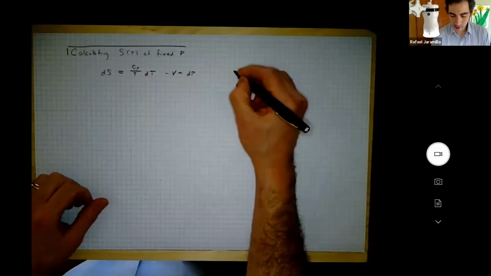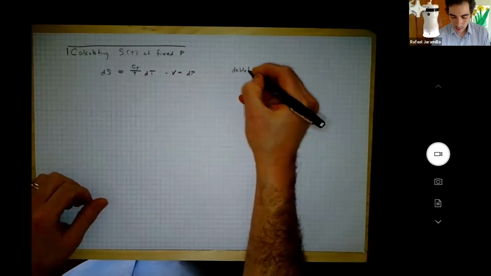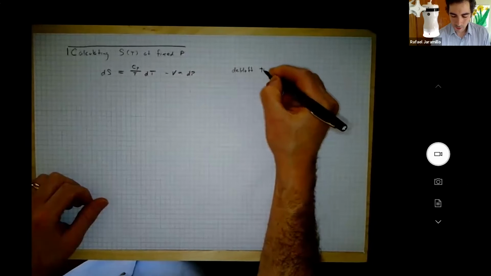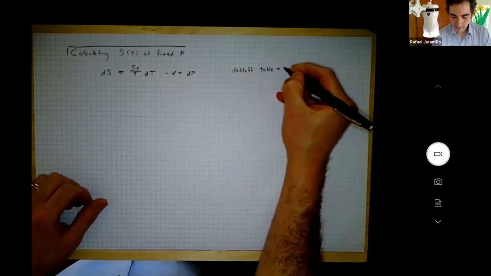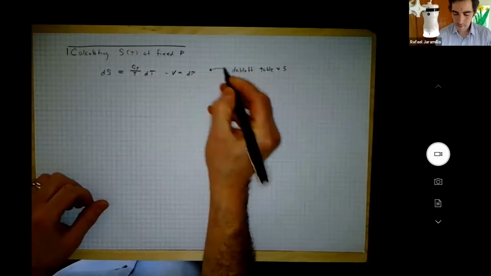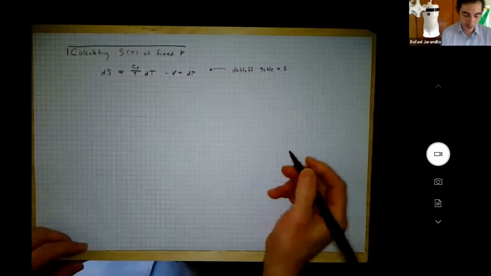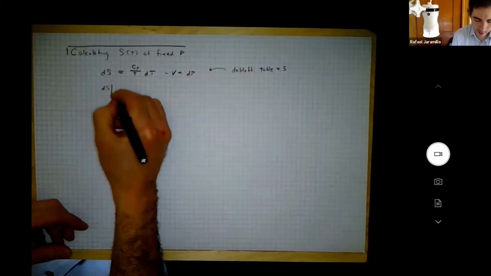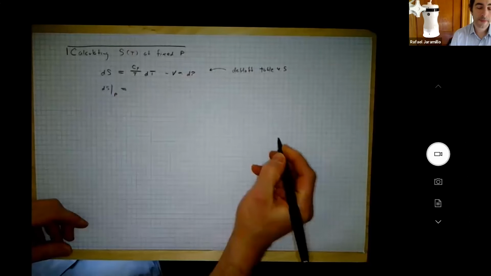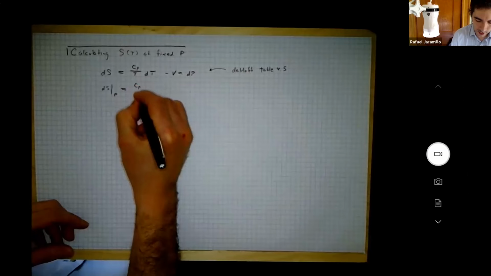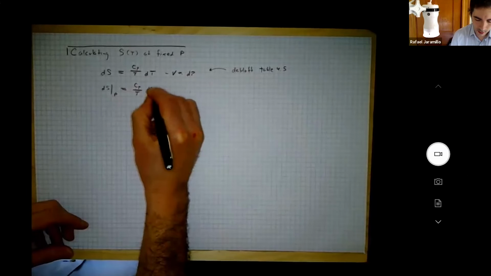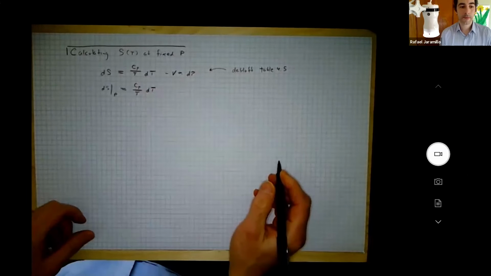There's many ways you can get this. You could just go to table 4.5, or you could derive it. So that means that dS at fixed pressure equals Cp over T dT.